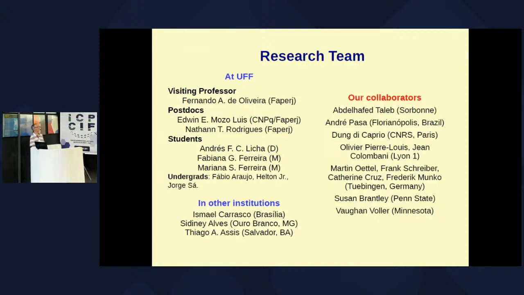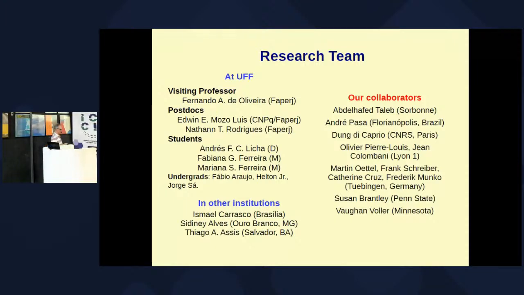The group of Tübingen working with modeling of organic films, and Sue Brantley from Penn State, I work with her on geochemistry, and Vaughan, I work with him on diffusion in disordered media.